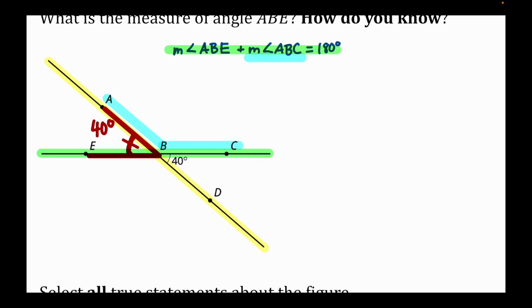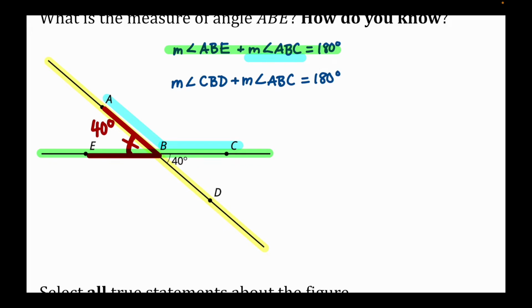To represent the yellow line, we can say the measure of angle CBD, that's the other 40-degree angle, and when we add that with the measure of angle ABC, that also needs to make 180 degrees.